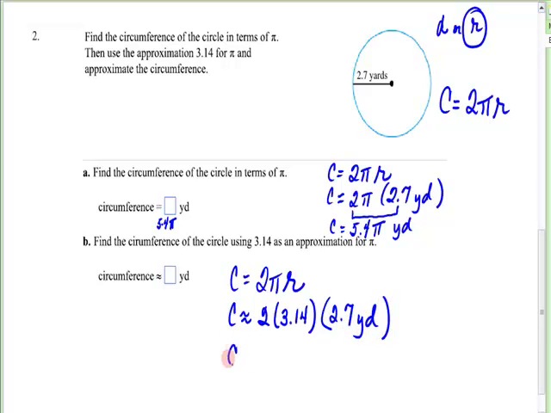And now, this time, I have 3 numbers to multiply, so 2 times 3.14 times 2.7, and I get 16.956 yards. It doesn't say anything about rounding, so I put in 16.956 in that box. So sometimes, if you're told to leave it in terms of pi, you just tack the pi onto it. If you're told to use an approximation, then you do so, and you've got a little more multiplication to do.